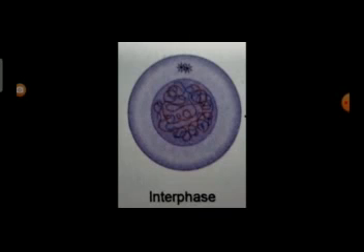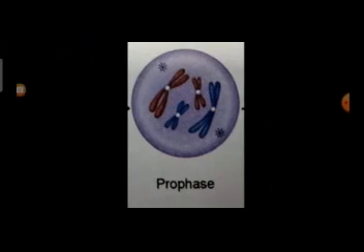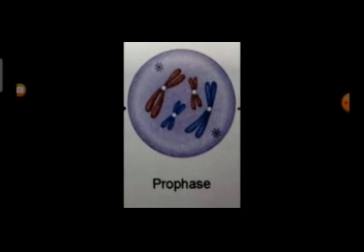It is the interval between two successive cell divisions. The cell prepares itself for the next cell division. First one, karyokinesis. In karyokinesis, the nucleus divides into two daughter nuclei.